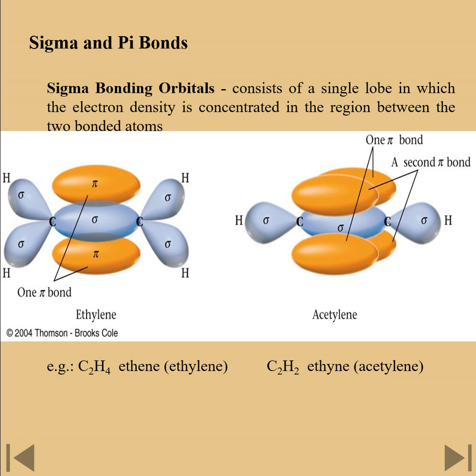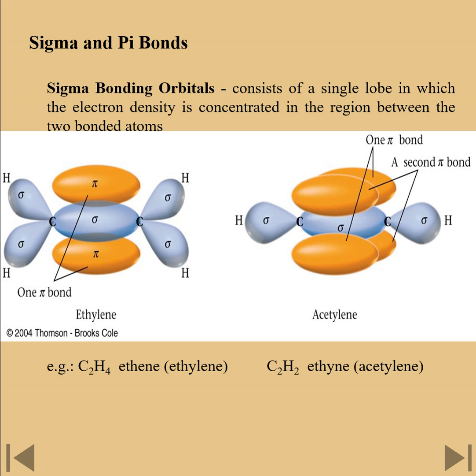Now let me complete my second bond. Well, those electrons have to go somewhere, and the electron density, or the region between the two carbons, is already filled. So I need to bring one above and one below the plane of the molecule. And here is a visual representation showing us that pi bond.